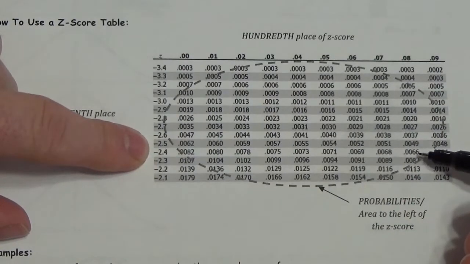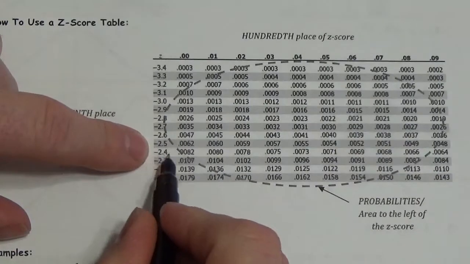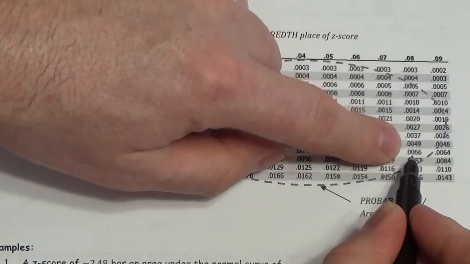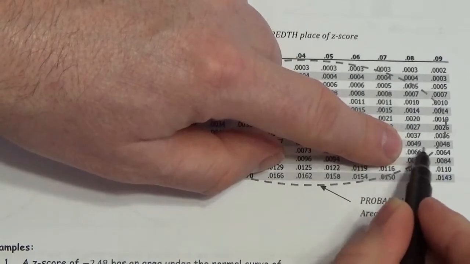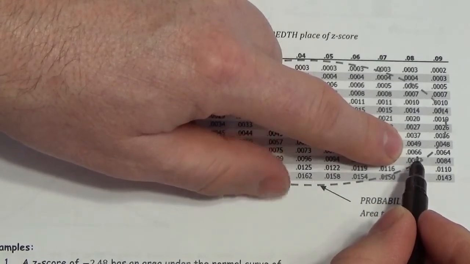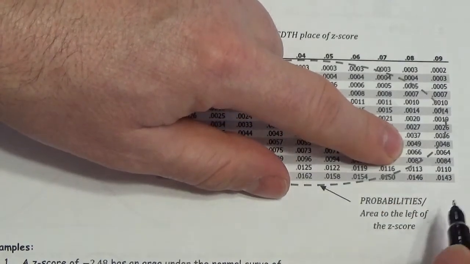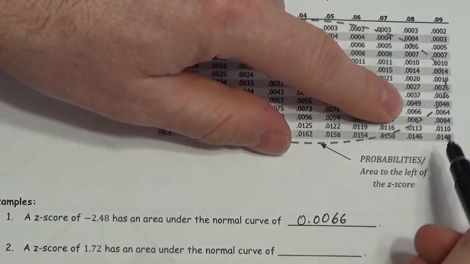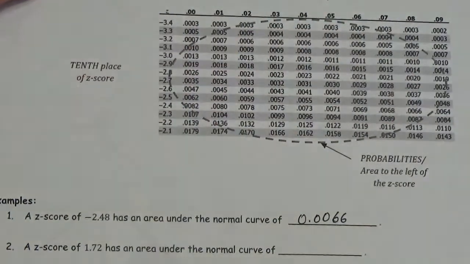Putting those together, negative 2.48, the area to the left of that Z-score is 0.0066. Okay, 0.0066 is what I'm reading right there.